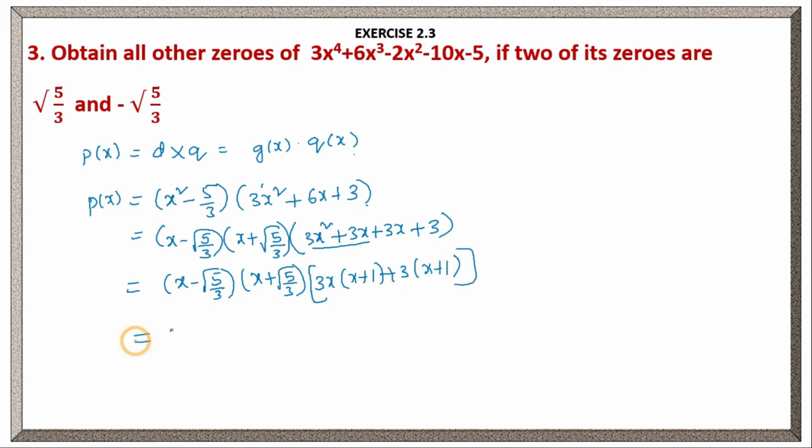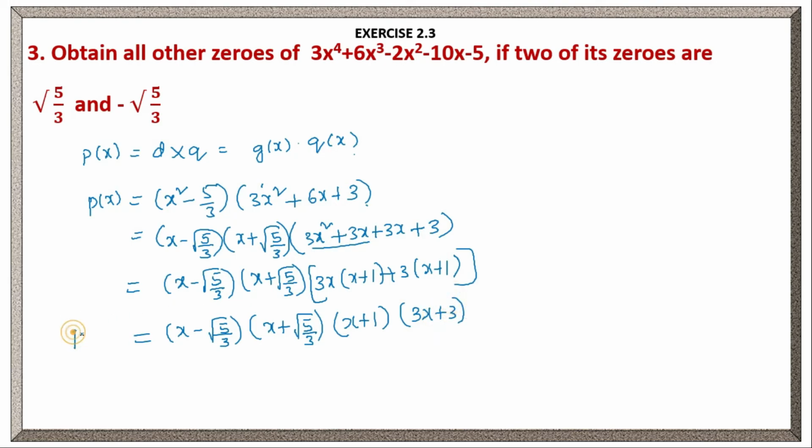Clear? Now x minus root 5 by 3 into x plus root 5 by 3 into, here x plus 1 is common, right? So x plus 1 into 3x plus 3.